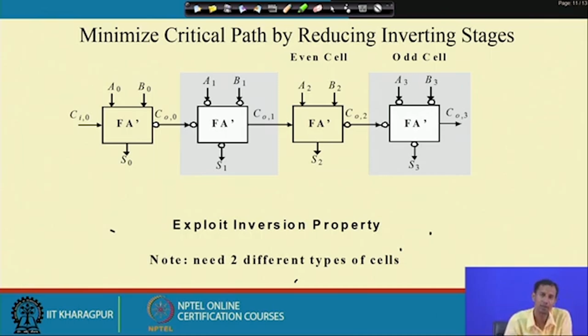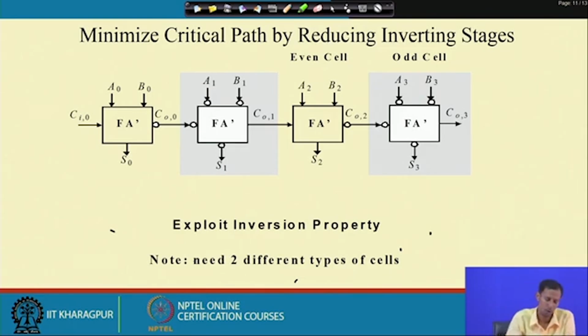By doing this kind of architecture, you can reduce the delay by inverting the even stage. This critical path can be reduced, though it follows the same carry ripple adder.